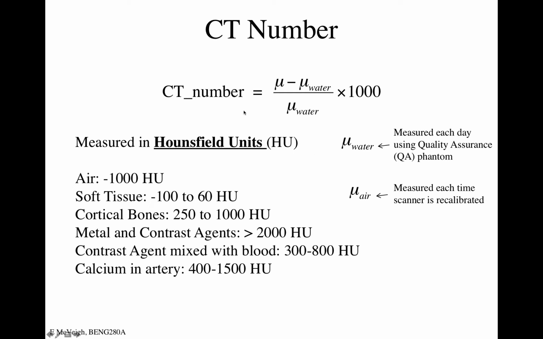And so the CT number, or the Hounsfield unit, that is displayed on the screen is equivalent to the mu value of that pixel minus the mu value of water, divided by water. So it's the fractional difference of that pixel from water times 1,000. And the 1,000 is just because I need to make integers so that I can encode this into an integer picture, so the levels are integers.